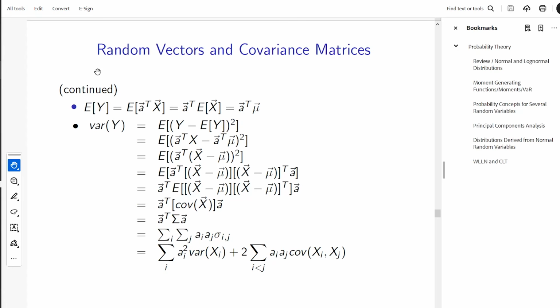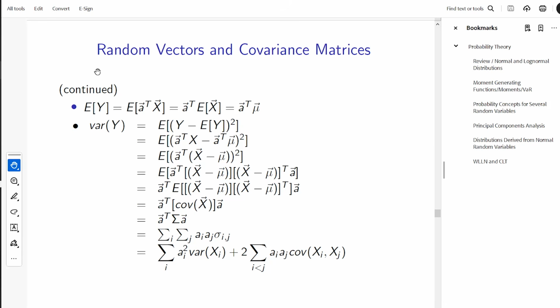The mean value is very simply the linear combination of the component means times the a coefficients. And when we go to calculate the variance of y, if you go through each step here, each equation here is doing something slightly important. We're basically substituting in A transpose X for Y at the beginning and A transpose mu for the expected value.